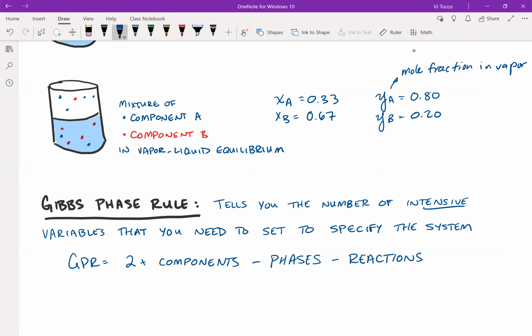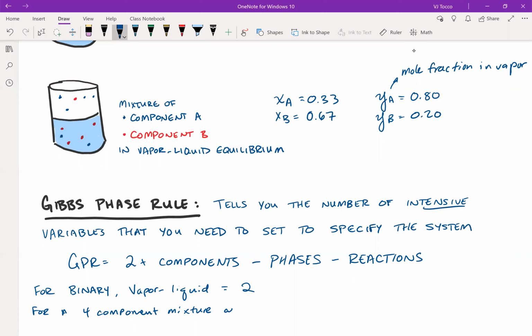So for example, for a binary system in vapor-liquid equilibrium, which is 95% of what we'll cover, only a 2 component mixture, so binary vapor-liquid equilibrium, I've got 2 components, 2 phases, vapor and liquid, 2 plus 2 minus 2 is equal to 2. For another example, for a 4-component mixture at the triple point, that means vapor, liquid, and solid are all present.